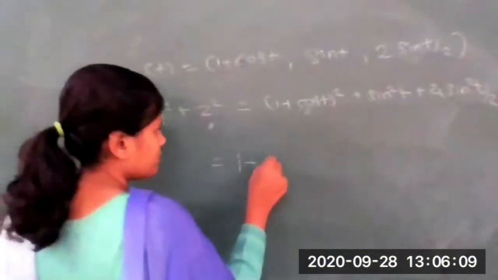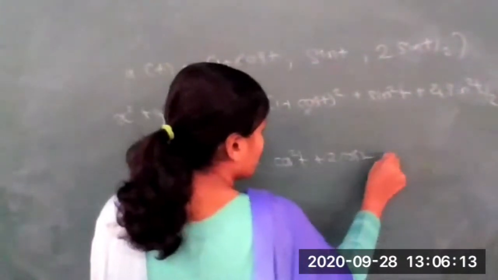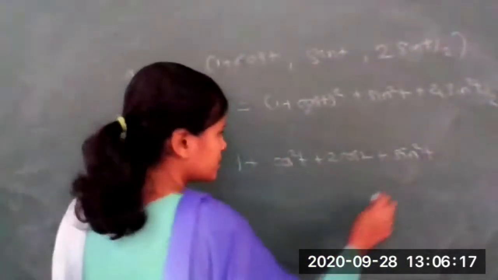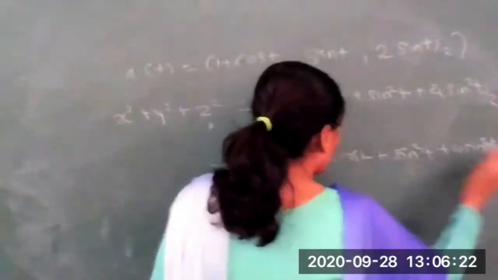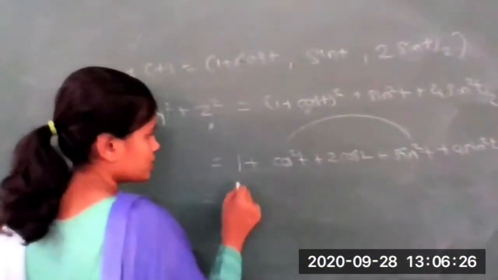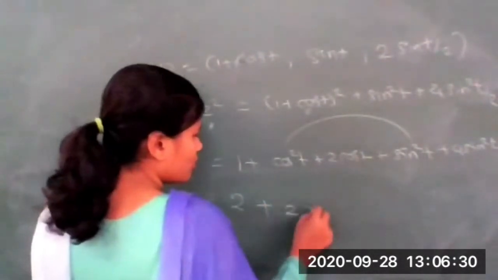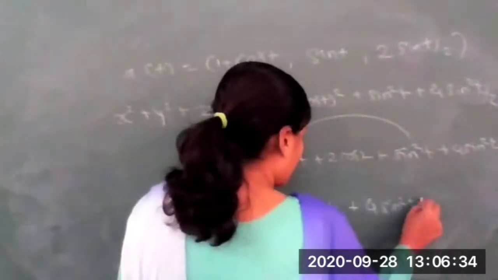So, what will this be? 1 plus cos square t plus 2 cos t plus sin square t plus 4 sin square t by 2. Cos square plus sin square is 1, so we get 2 plus 2 cos t plus 4 sin square t by 2.